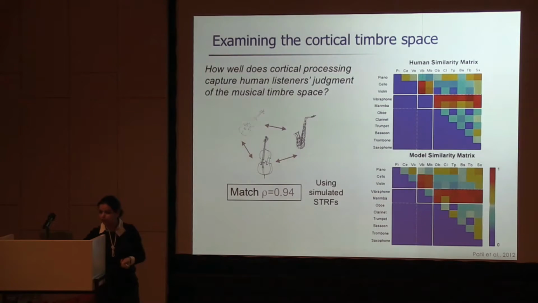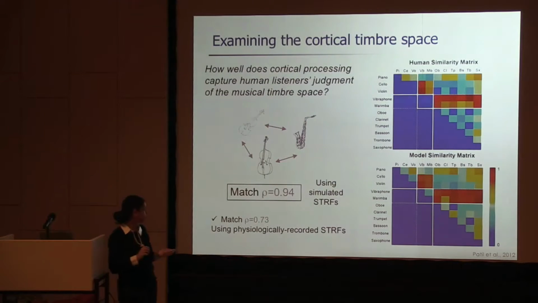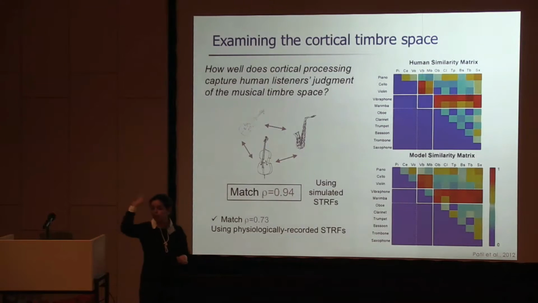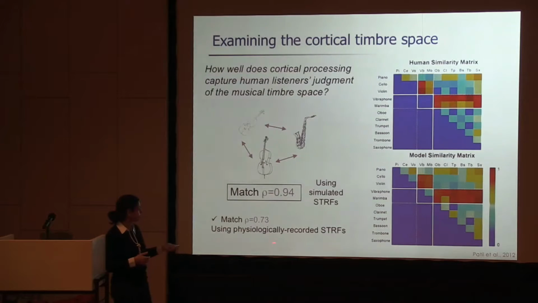Just as some side notes, when we use the physiologically recorded SCRFs, we get a lower accuracy of 0.73. Again, the reason is these are biased by where you're recording in the animal's brain. We don't have a full mapping of the modulation space through these recorded SCRFs, and so the simulated ones give us a full range, or full representation.